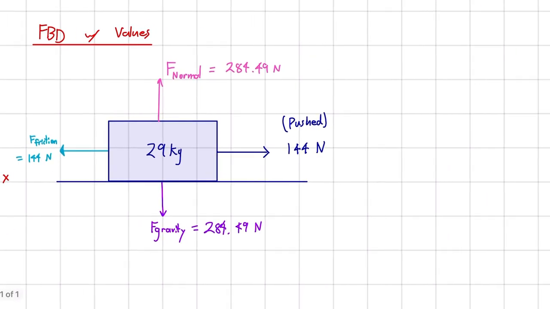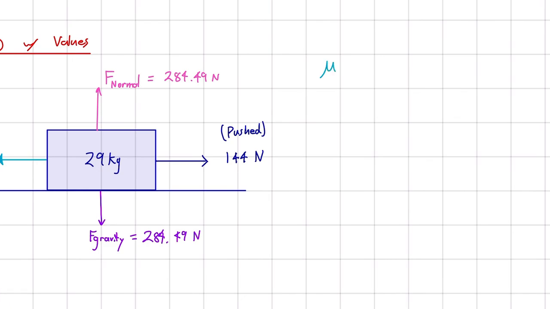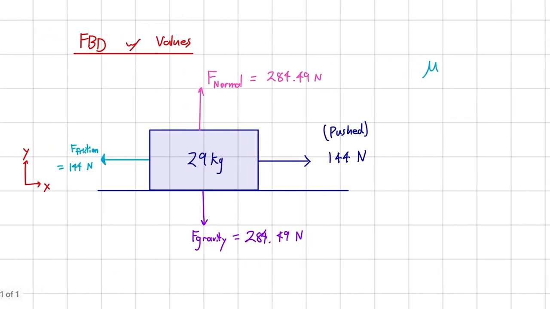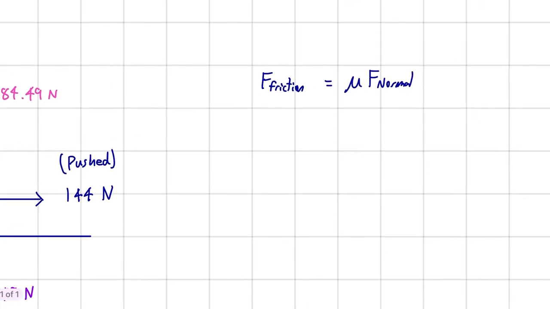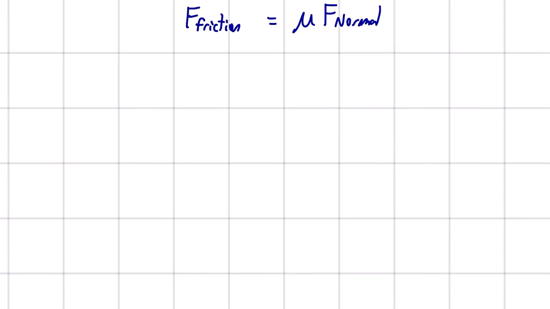Remember, coefficient of friction is mu. So how are we going to find mu? Well, we know that force of friction is equal to mu times the normal force. So this is going to be the equation we're going to use.